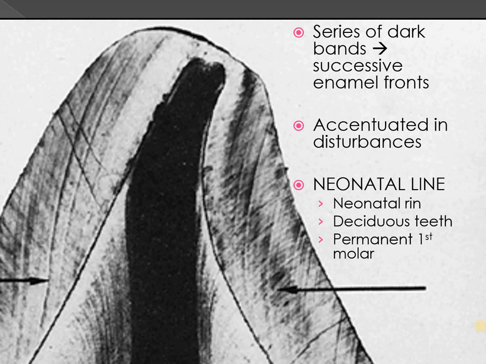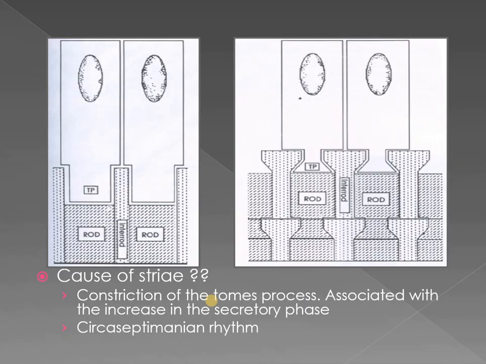Neonatal lines are always present in all the deciduous teeth, but in the permanent dentition, it is present only in the permanent first molar because that is the only tooth in which the mineralization occurs at birth. All the other permanent teeth will have formation of enamel after the birth of the child.